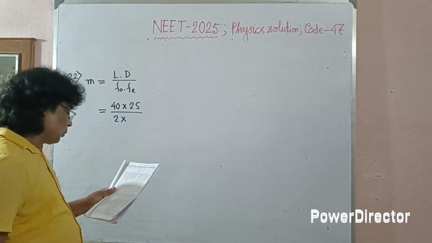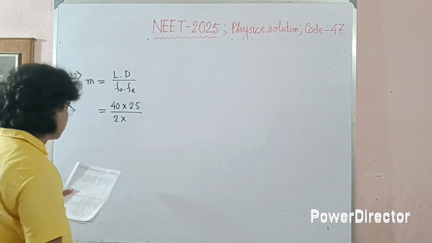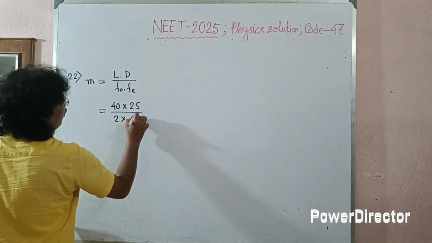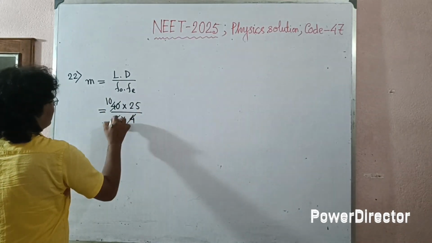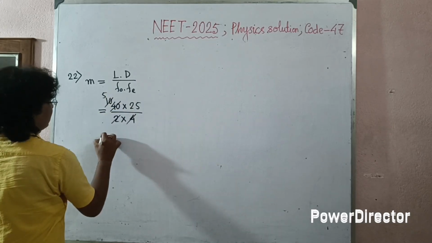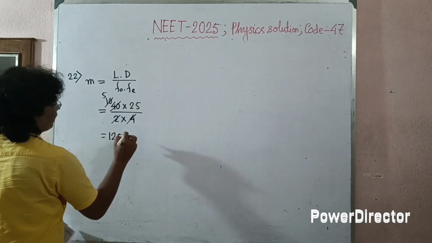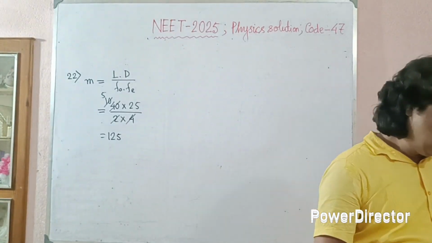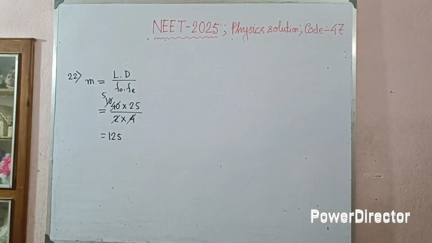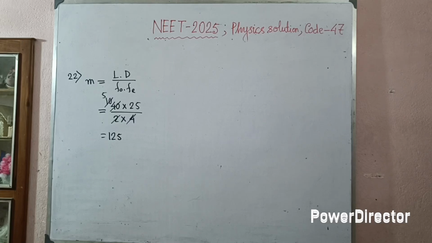FE, focal length of the eyepiece, that is given 4 cm. 4, 10, 5, 125. So the magnification of the microscope comes out to be 125. Okay.